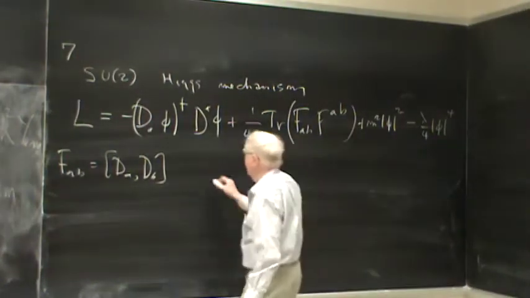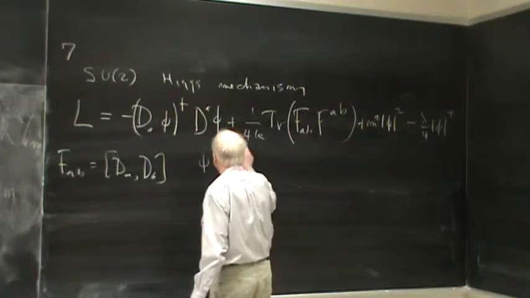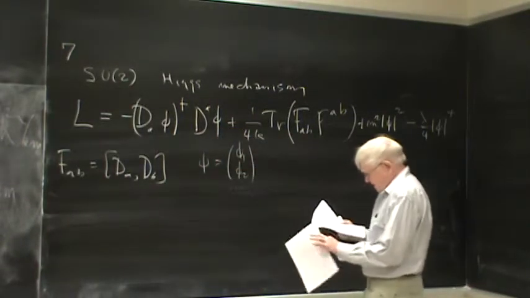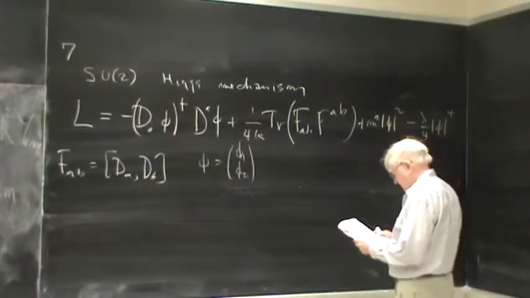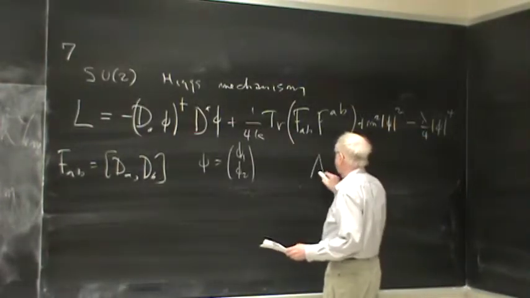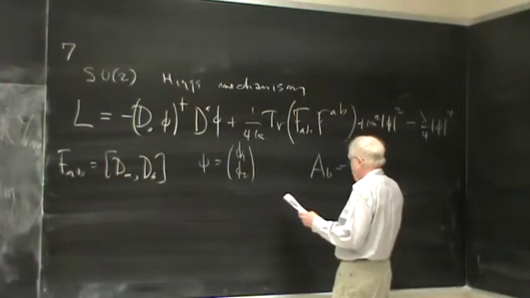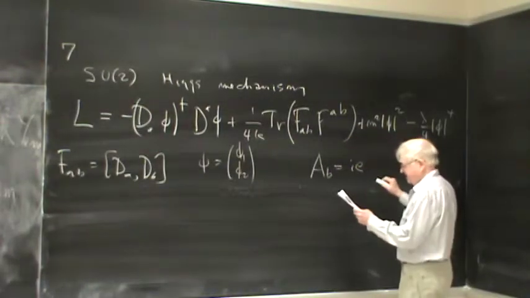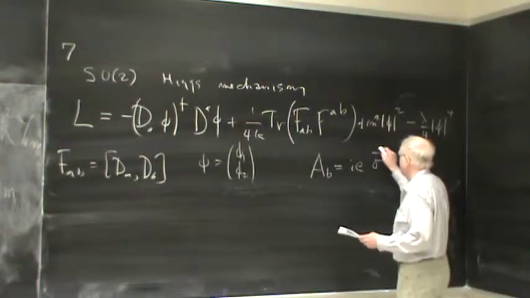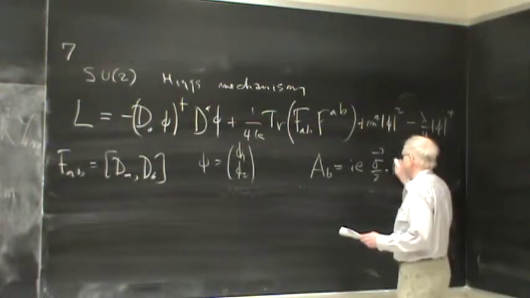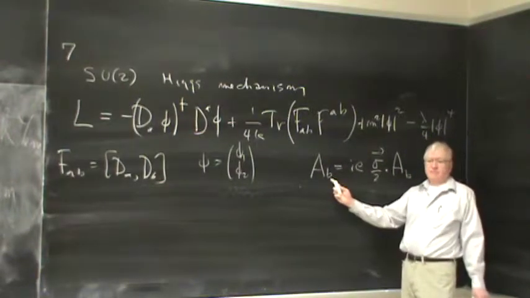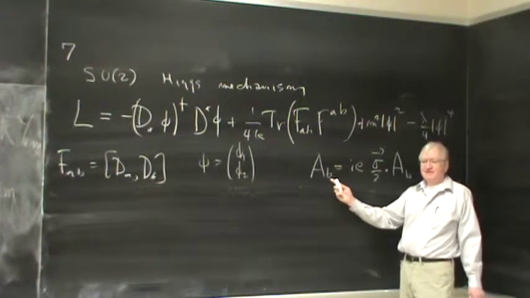Phi is a complex doublet, phi 1, phi 2, and the gauge fields are anti-Hermitian, i.e. sigma over 2 dotted into A_B.